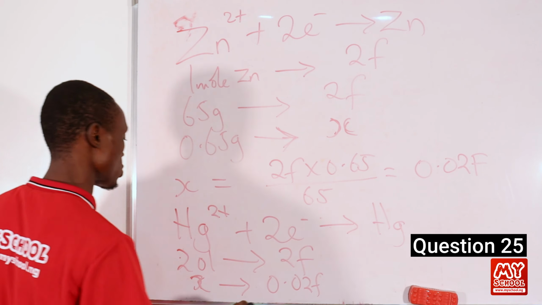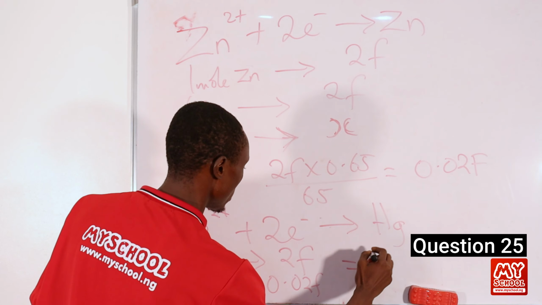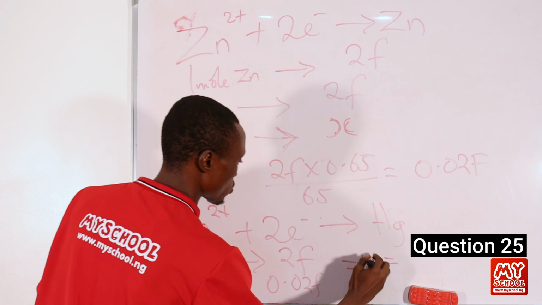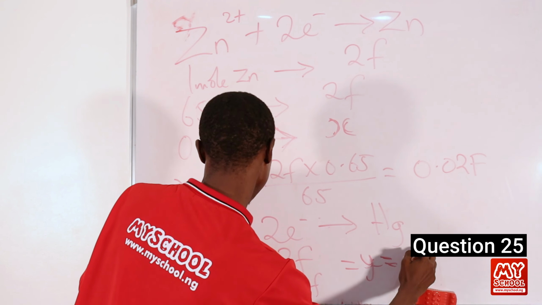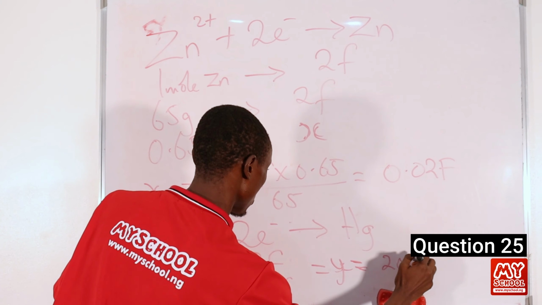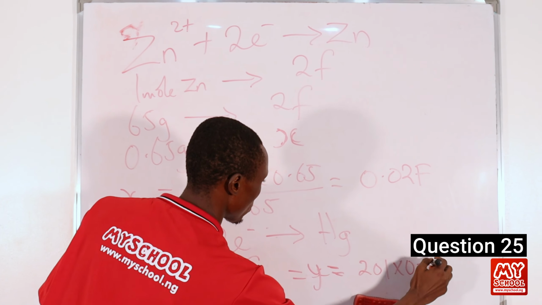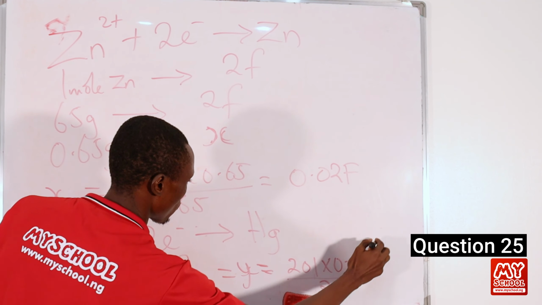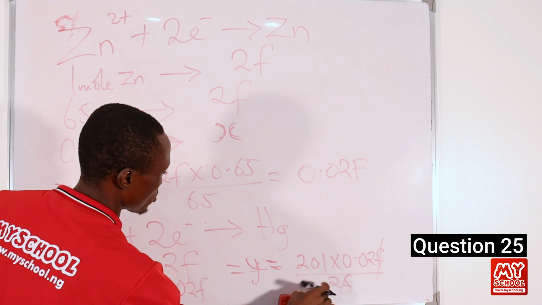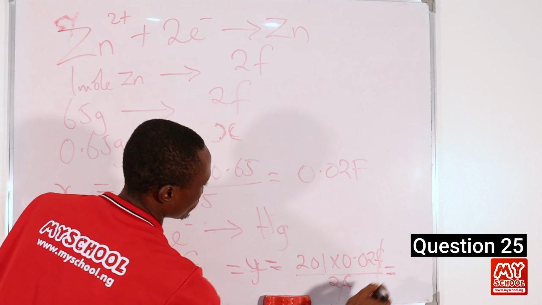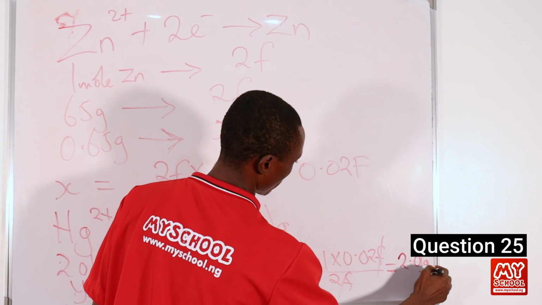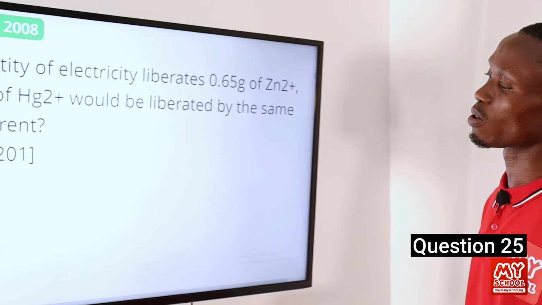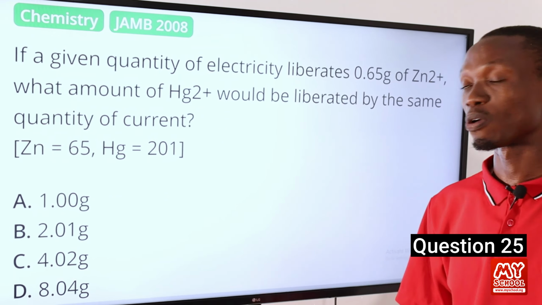Let's call it Y. If we cross multiply, Y will be equal to 201 times 0.02 Faraday divided by 2 Faraday. Faraday will cancel out Faraday, so this will be equal to 2.01 gram. So let's move over to the screen to pick the correct option. From our calculation, the correct option is option B, 2.01 gram.